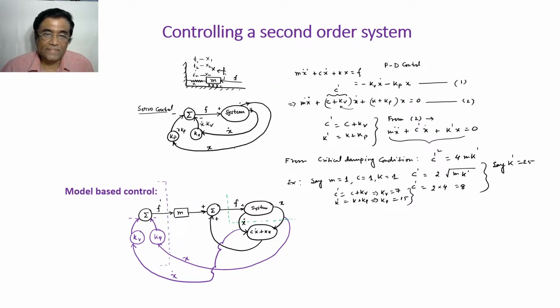So let us consider again the same mass spring damper system. Here, look very carefully, I have taken x dot, and in a separate block I am computing this Cx.